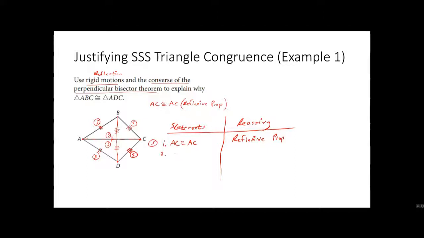Step 2, we can say AB is congruent to AD, and that's because reflections preserve rigid motion.